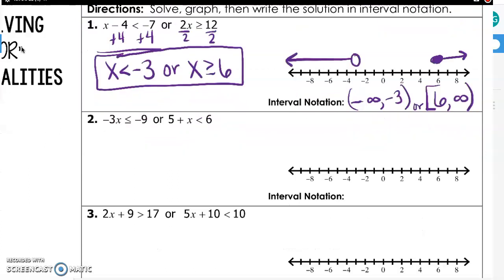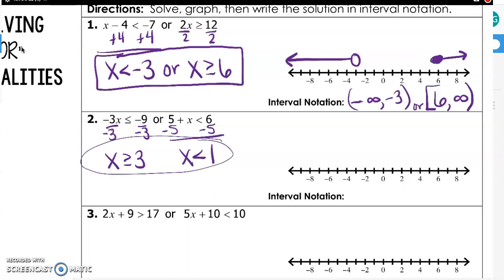For number 2, on the left-hand one, we divide by -3, which means we need to switch it to x is greater than or equal to 3. We divided by a negative, so you have to remember to flip your sign around. For our other one, we subtract 5 from both sides and get x is less than 1. So this right here is not your final answer.